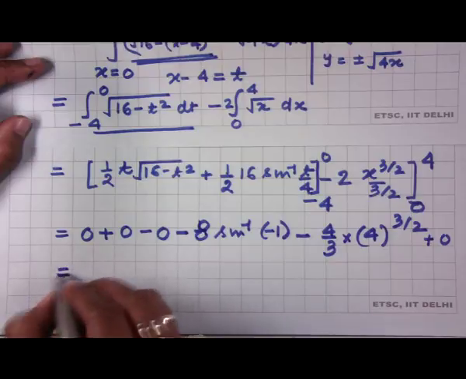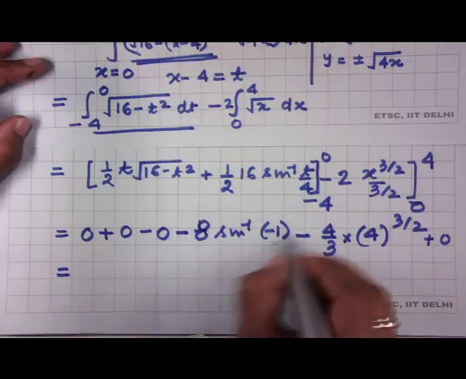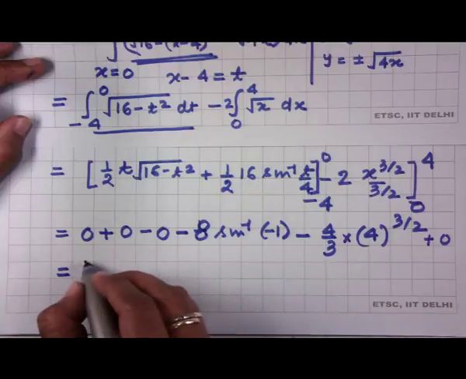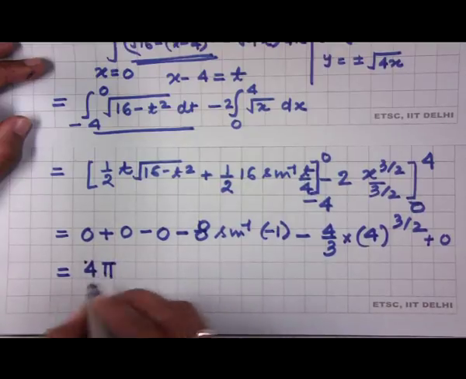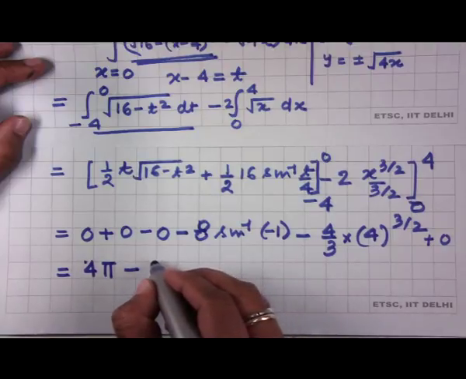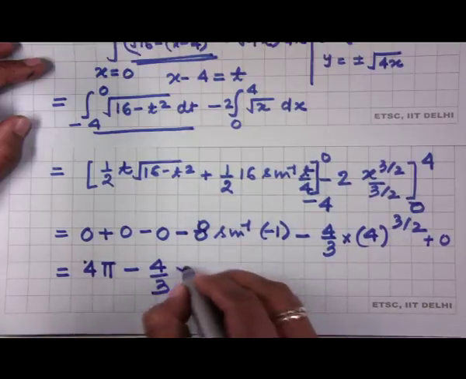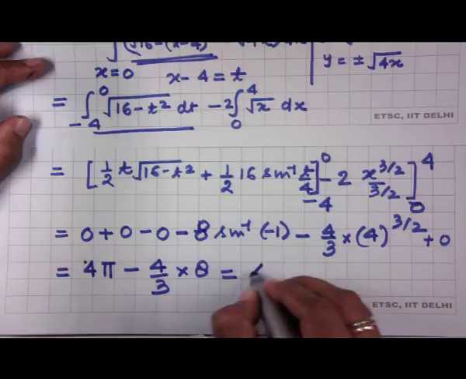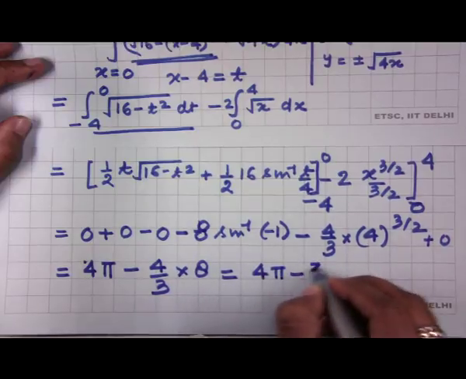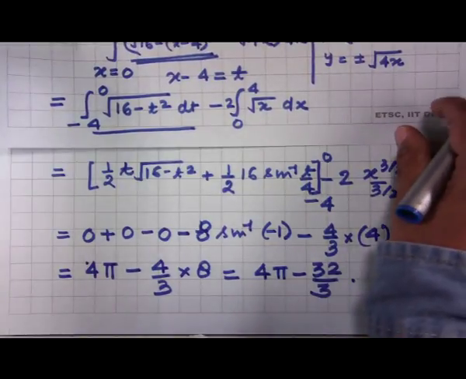So, finally, you get the value of this is minus pi by 2. So, you get 4 pi minus 4 by 3 into 8. So, final value is 4 pi minus 32 by 3. This is your final answer.